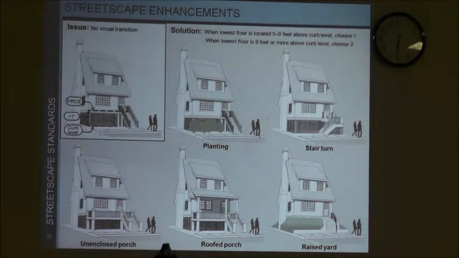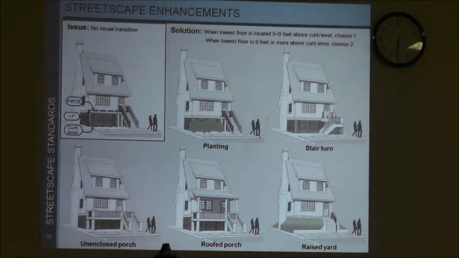So you can do planting, a simple stair turn in order to break up the straight run of stairs, whether you do an enclosed porch or a roof porch, and you can even raise the yard, though that can be expensive at times, and it's currently not allowed by the zoning resolution, but we've allowed it in flood zones in order to give some more flexibility. Once you're 9 feet or more, you actually have to pick 2.